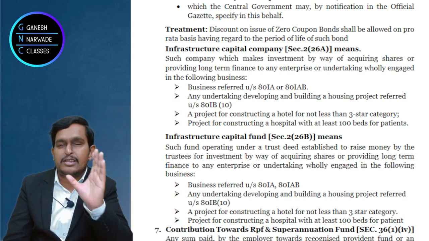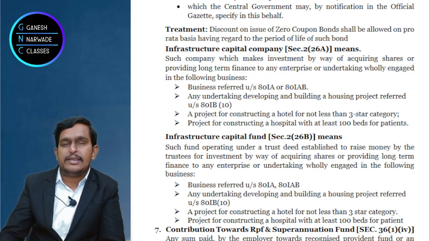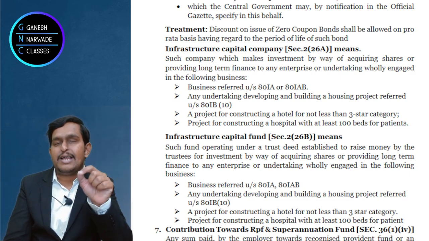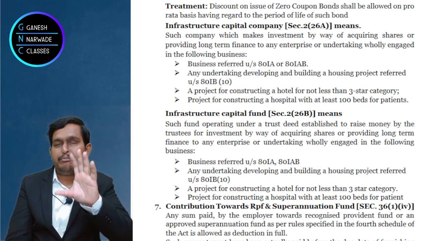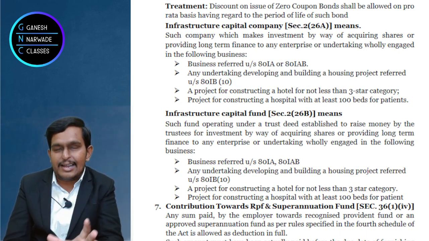Treatment is on a pro rata basis, and a monthly deduction is given. Even though the actual payment by them will be done at the maturity, income tax deduction is allowed every year. If the calendar month is more than 15 days, consider that month.